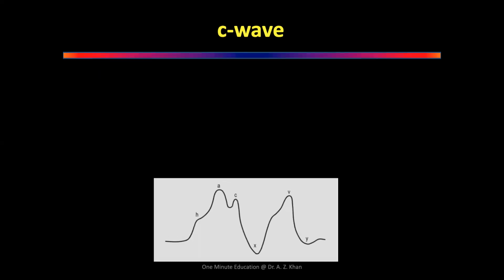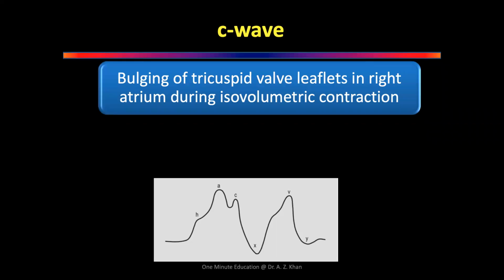Now, the C wave happens because the tricuspid valve leaflet bulges into the right atrium during isovolumetric contraction. When the tricuspid valve is closed and your ventricle starts to contract, the increase in the pressure of the right ventricle causes the tricuspid valve to bulge into the right atrium.